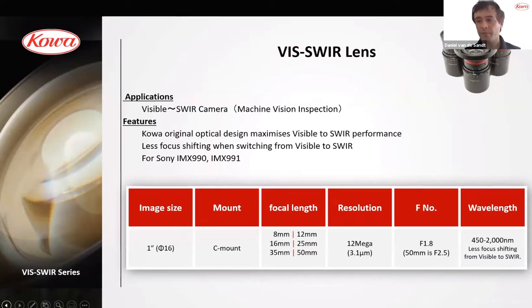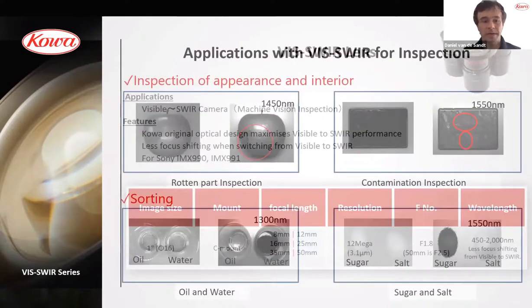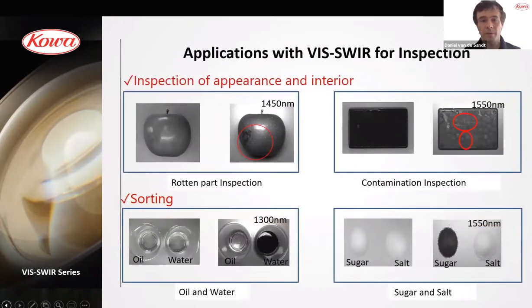And what does this do? Here you see the sort of application this lens can be used for. On the upper left side, you see the famous images of the apples.